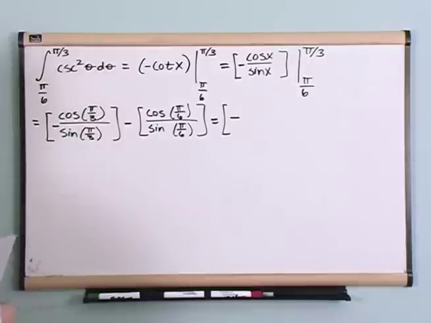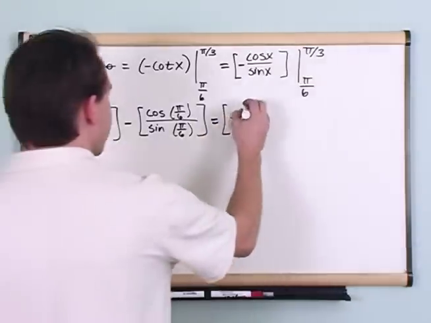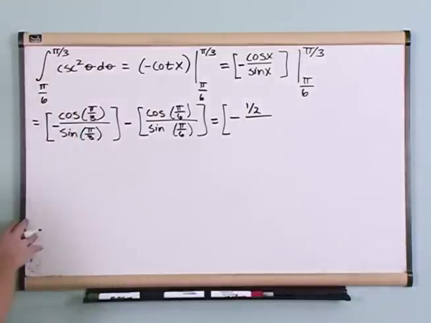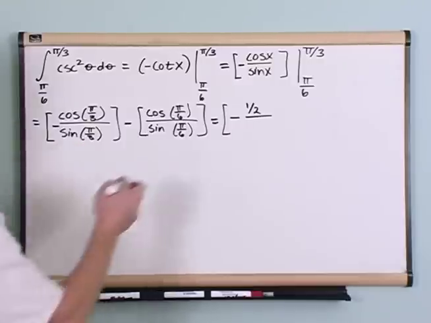Cosine of pi over 3 is the same thing as cosine 60 degrees, which is 1/2, so I'm going to have 1/2 in the top here. The sine of pi over 3, which is the sine of 60 degrees, is the same as the square root of 3 over 2.